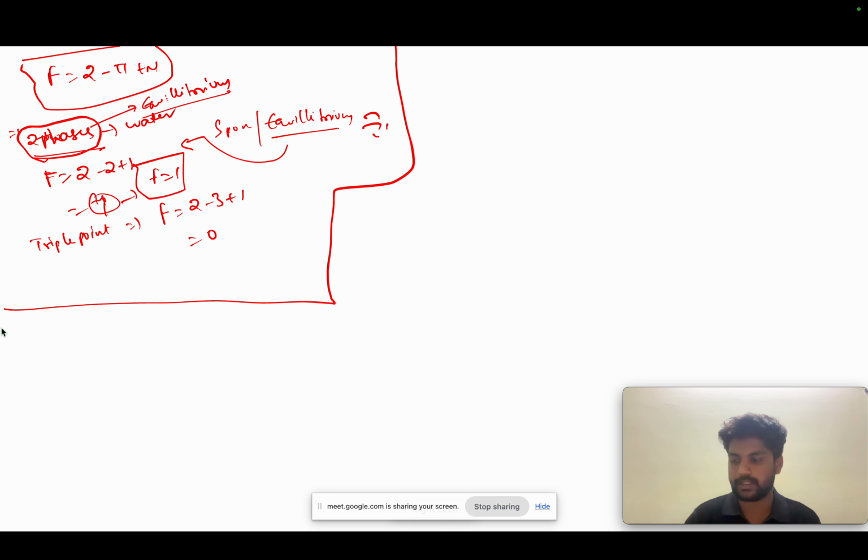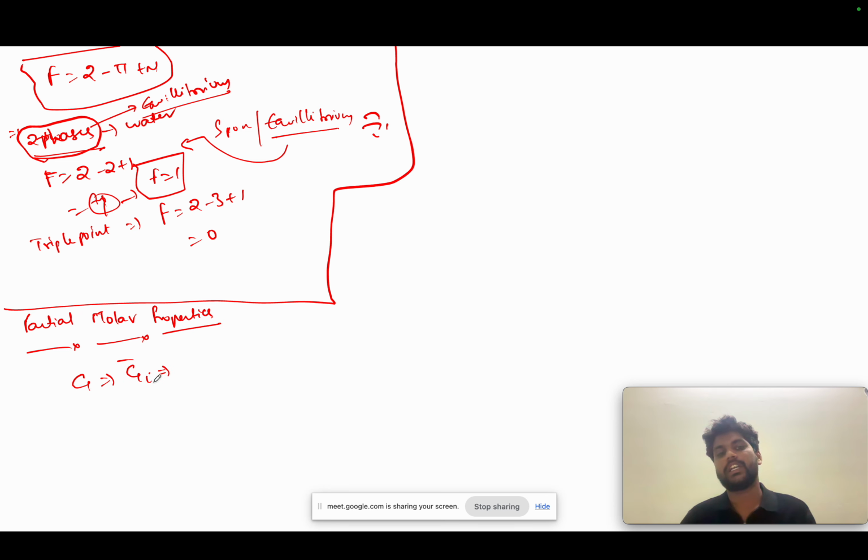Then comes the partial molar properties. If you are talking about the whole property, which is G, which is nothing but the molar property, but if I am talking about a single component, suppose the system has n components, say ethanol and water, the basic example in thermodynamics, you have a two component system.